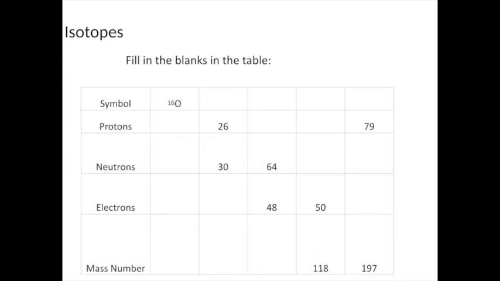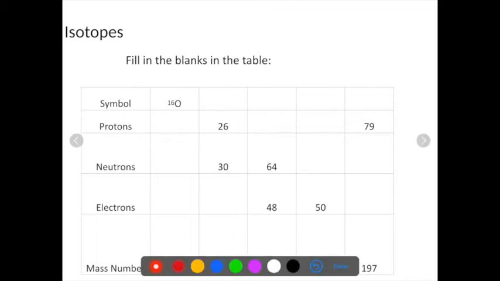We are going to fill out this table here of different isotopes. First up, we have oxygen 16. Remember, that's how we name the isotope, based on its mass number. The first thing we want to answer is how many protons we have. All you have to do is look at your periodic table, go to oxygen, and you'll see its atomic number is 8.